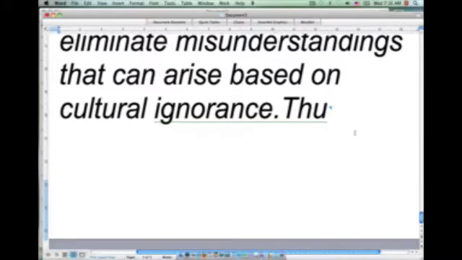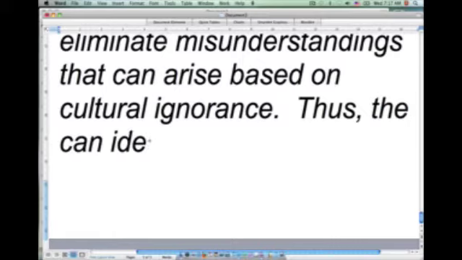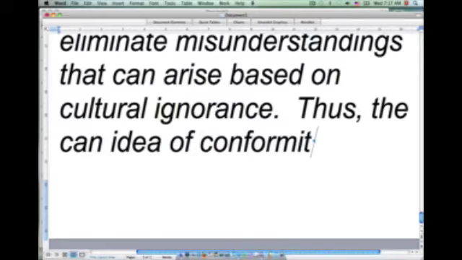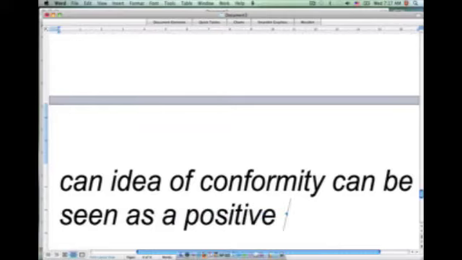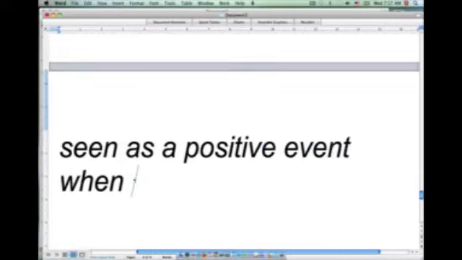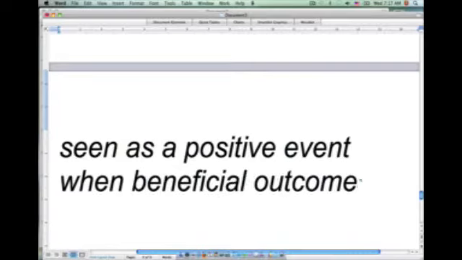Okay, so thus, the idea of conformity can be seen as a positive event when beneficial outcomes occur.